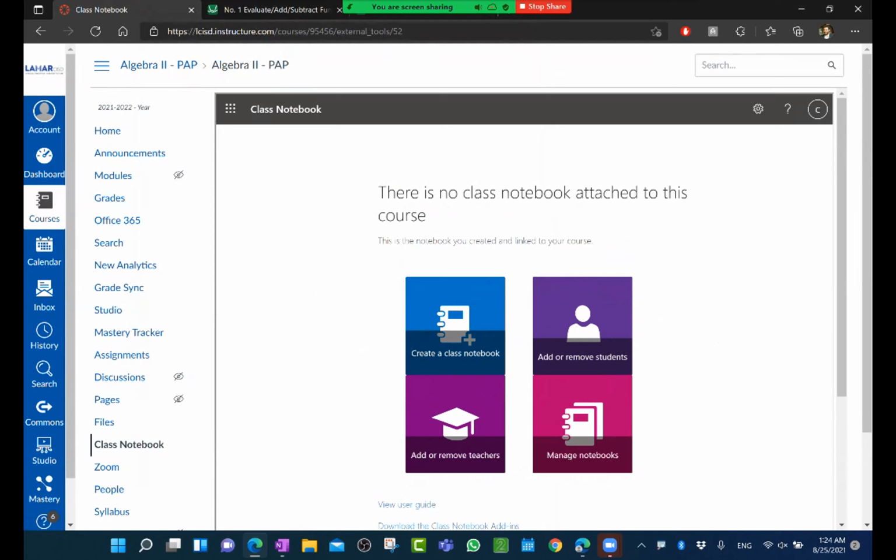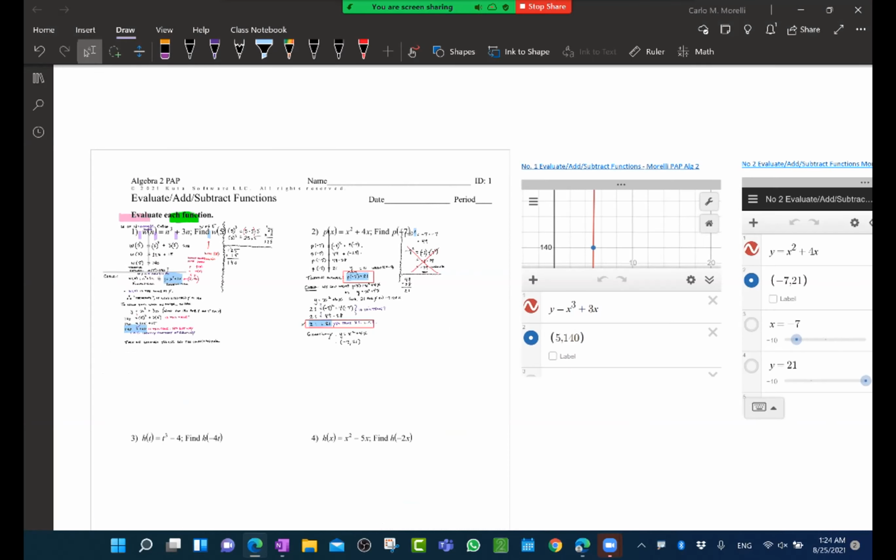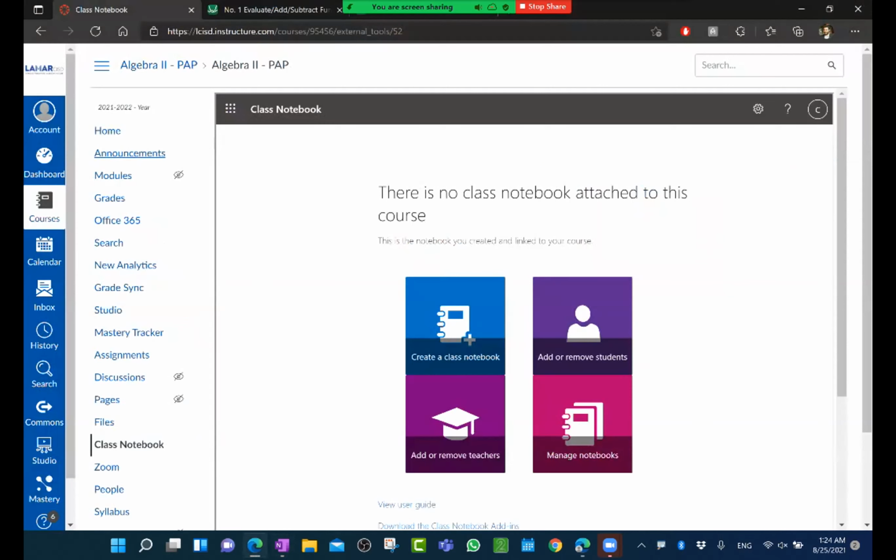I'll work on that. Not sure why it's not showing up, but there will be one. I'll put it that way. And it will be there. Okay, so when I fix this, you'll be able to go to class notebook and you'll be able to see all my notes.